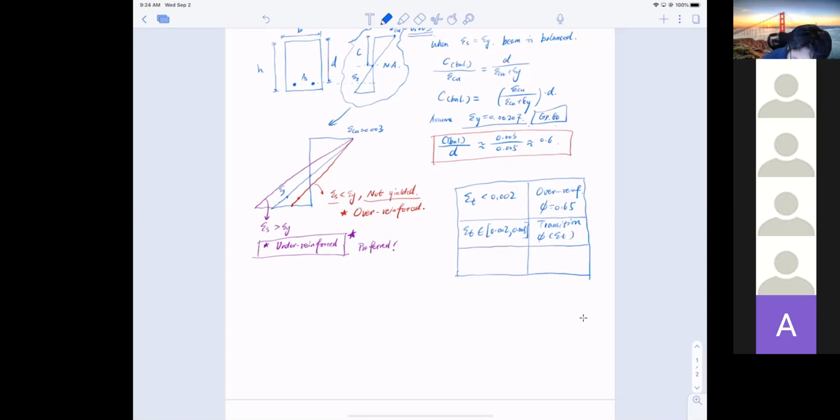When I have epsilon T bigger than or equal to 0.005, I call it under reinforced.